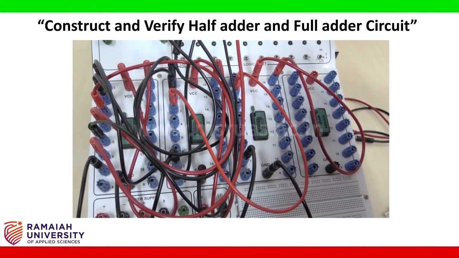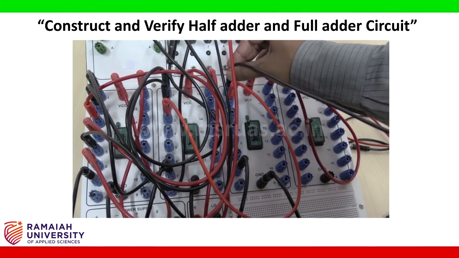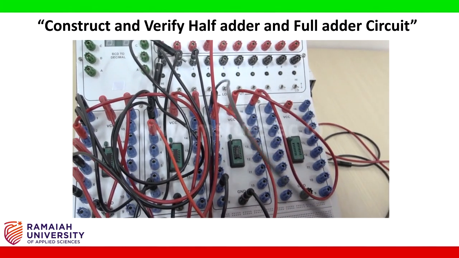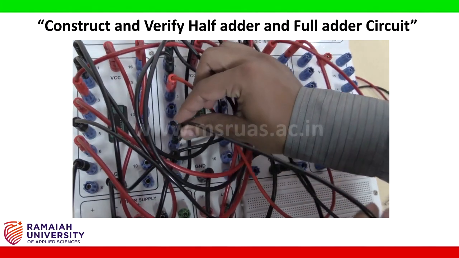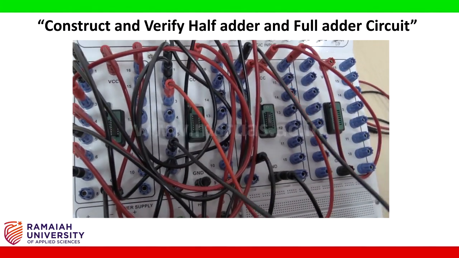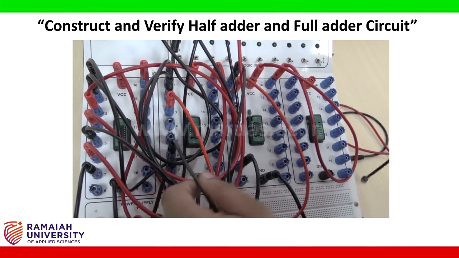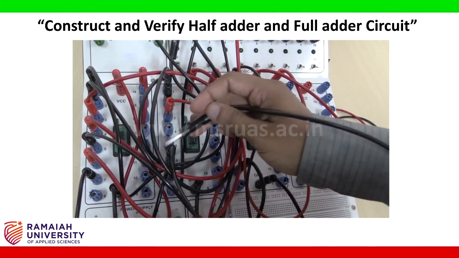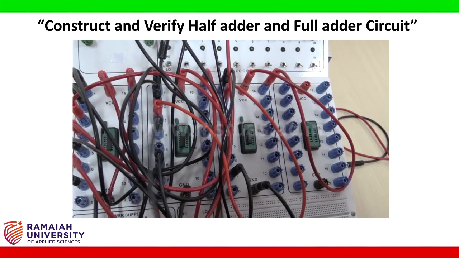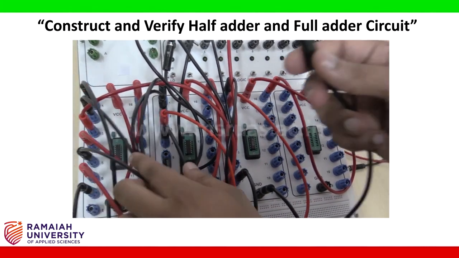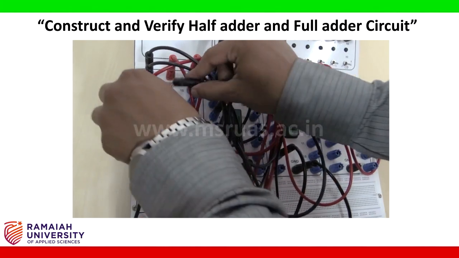Now pin number 1 of this OR gate is connected to the output of the other AND gate, that is 6, and inputs of the second AND gate are connected like this. Pin number 4 is connected to pin number 4 of XOR gate, that is here.